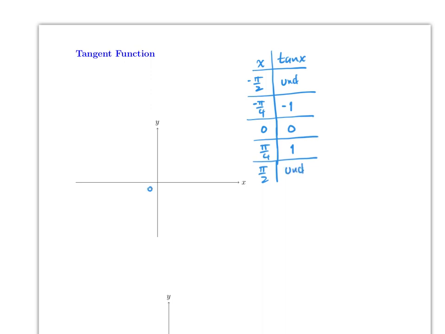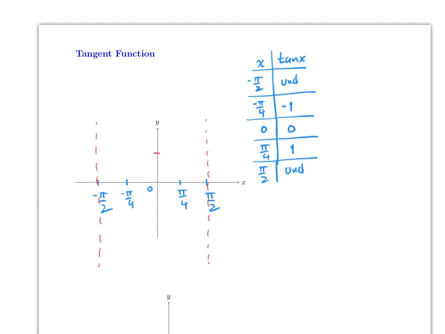So now if we do the graph, you have 0. This is pi over 4. Then pi over 2, minus pi over 4, and minus pi over 2. Okay? So since the graph is undefined at the points negative pi over 2 and pi over 2, you just do an asymptote here, here.